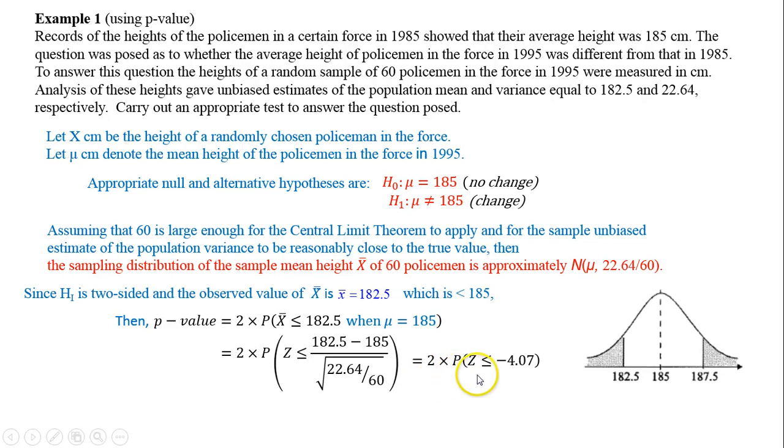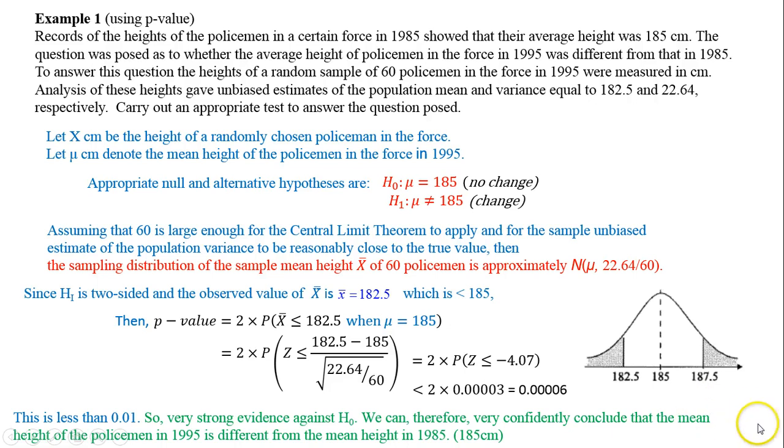Then our z is going to be less than or equal to minus 4.07, which I work out either on the calculator or from tables, and then I double because it's two-sided, so it could be less than or more than. So I've got 0.00006, which is less than 0.01. So very strong evidence against H0. So we can conclude confidently that the mean height of the policeman in 1995 is different to the mean height in 1985.